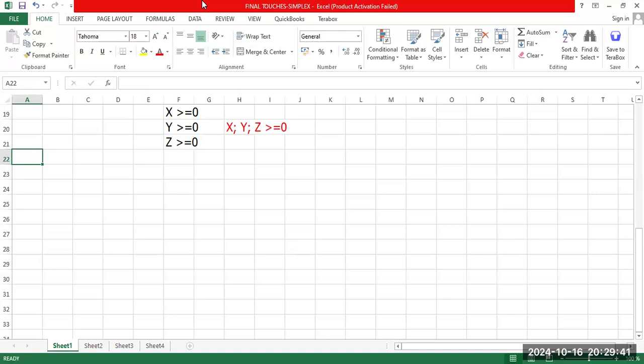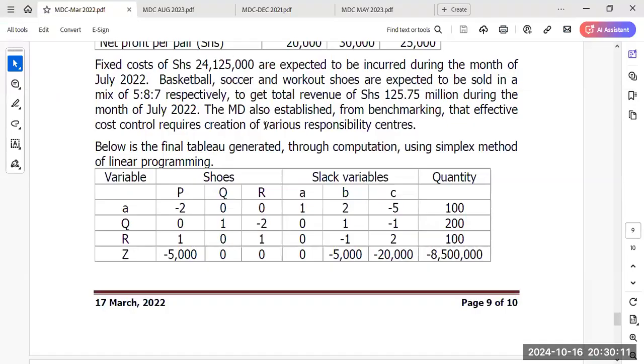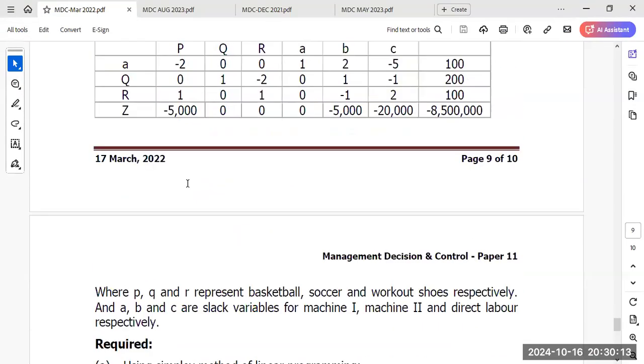So we are going to start with the first question that I sent in the group. Okay, here is our question.